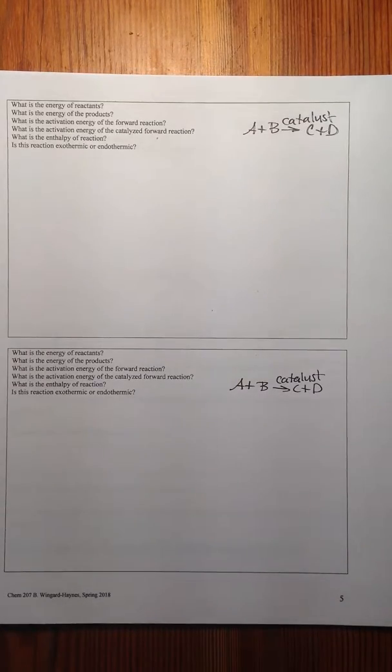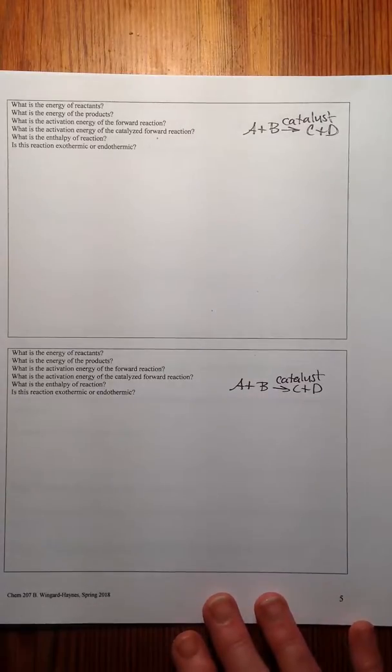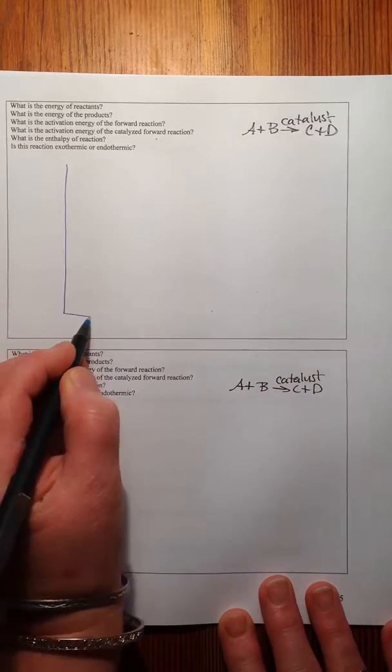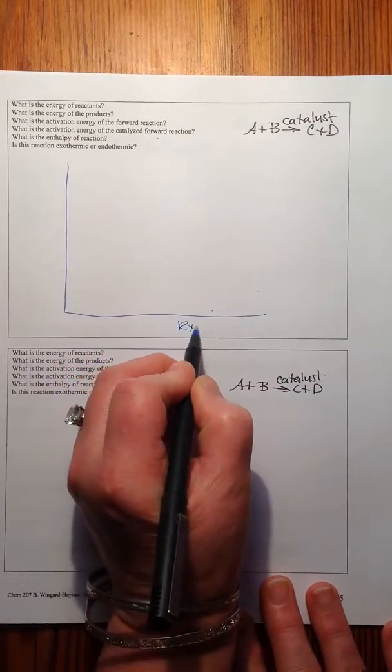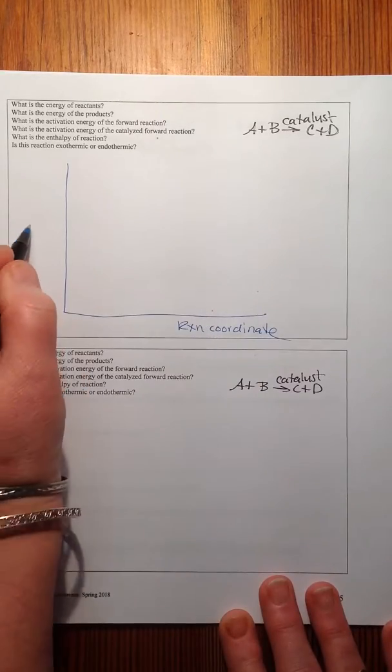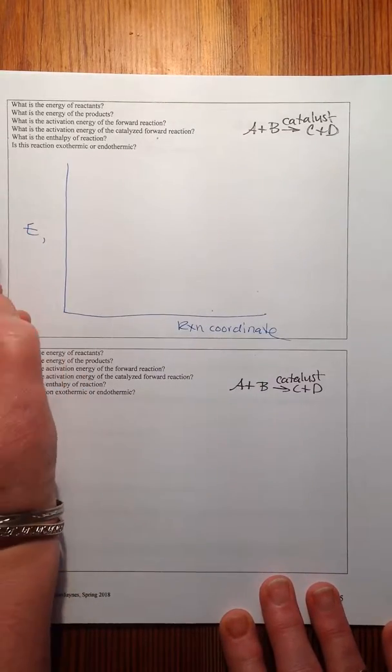Page 5. If I have a generic reaction, A plus B goes to C plus D, I can write a graph. I'm going to call this the reaction coordinate, and my energy is over here, and I can use whatever unit I want.